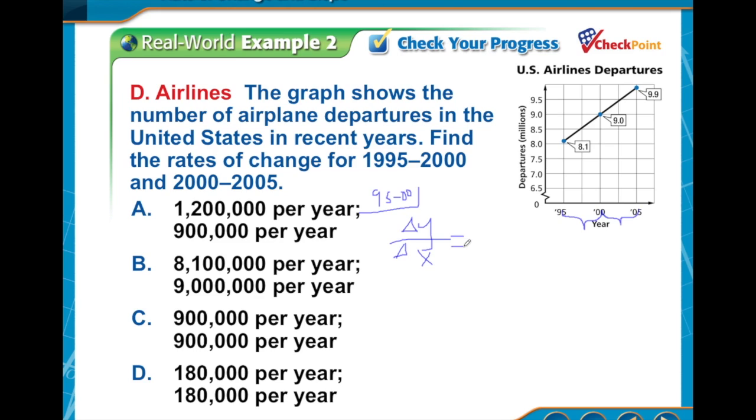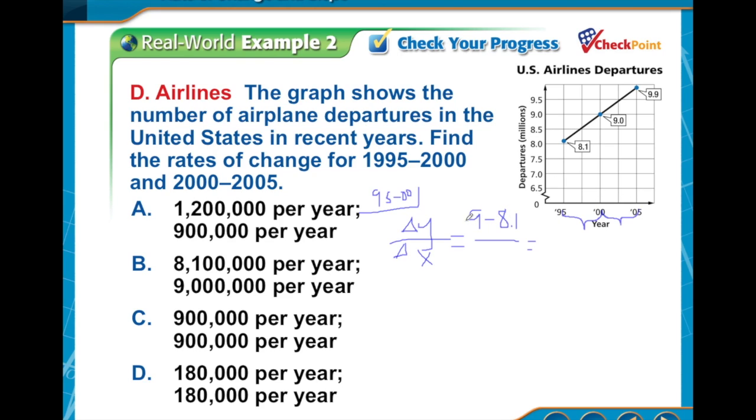So what is my change in y? How did the departures change from 2000 to 95? Well, in the year 2000, we had 9 million. And in the year 95, we had 8.1 million. So how did the departures change over that 5-year period?